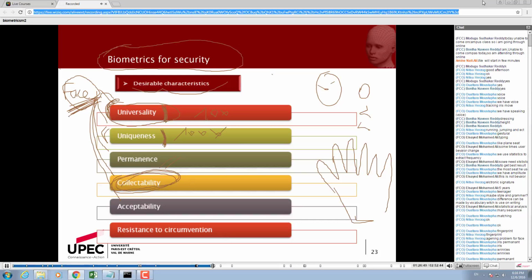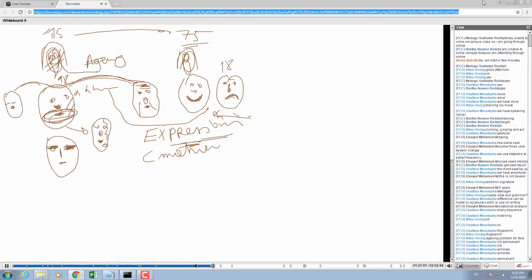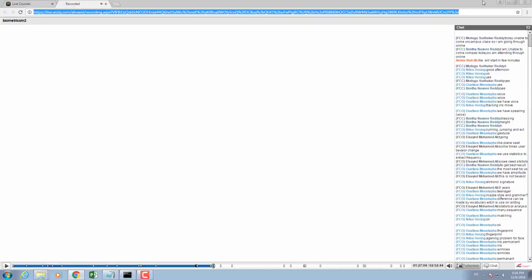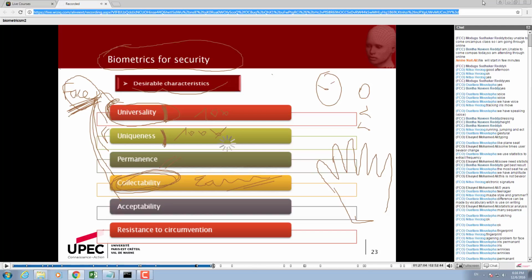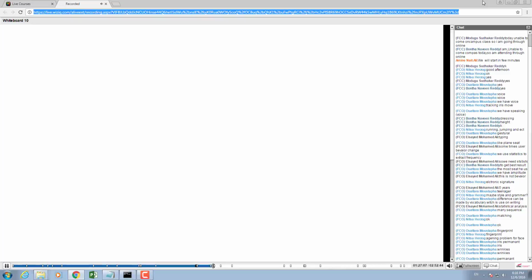So, another one, the collectability. What is it? How easy is it to collect the information?